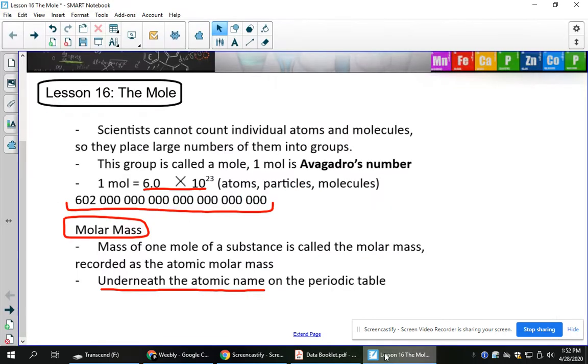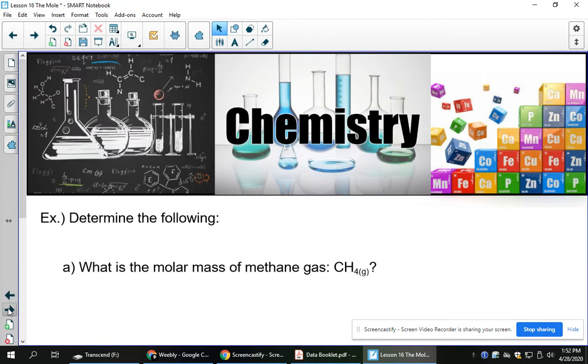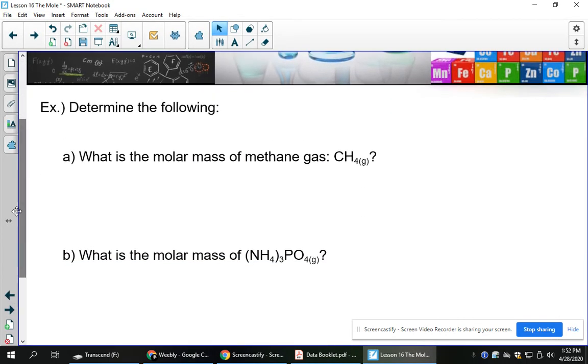So let's take a look at some examples here. Determine the molar mass for methane gas. So we're taking one carbon and 4 hydrogens, and we want to figure out what the mass of one mole of that would be.